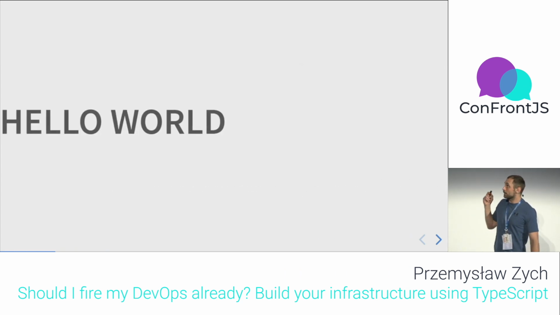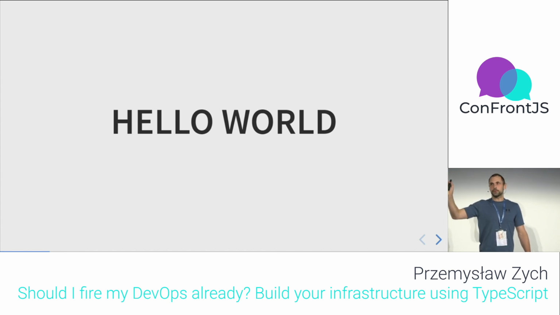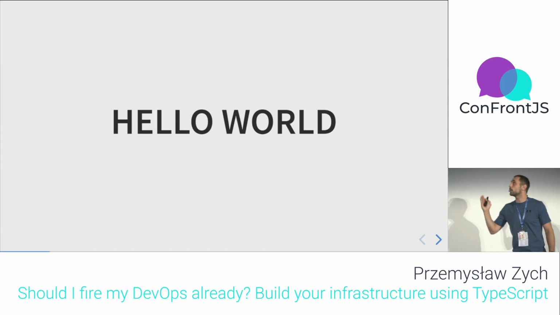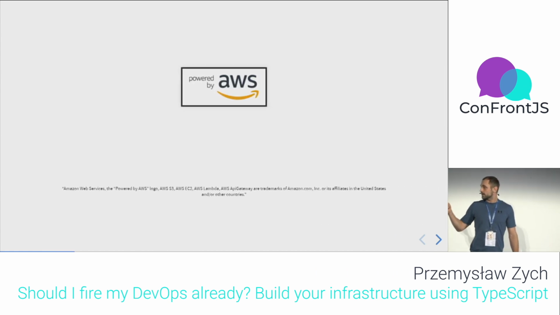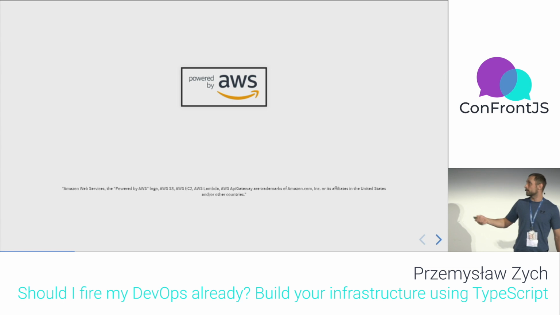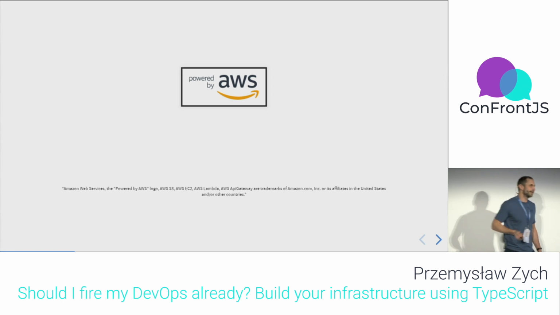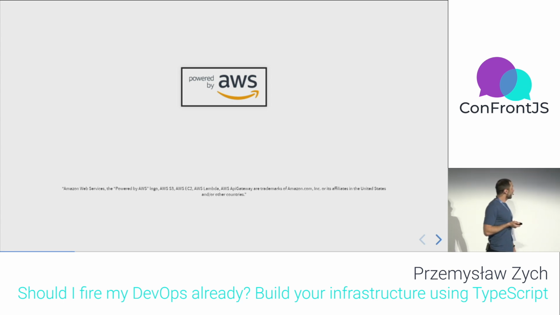I bet all of you can name at least a few different possibilities to share the application. But today we are going to be using AWS. This is just a copyright disclaimer, so it has to be here. Who knows AWS? Okay, a lot of people.